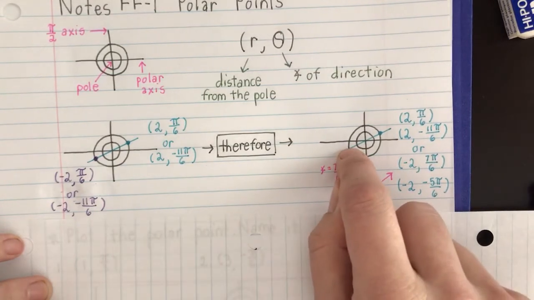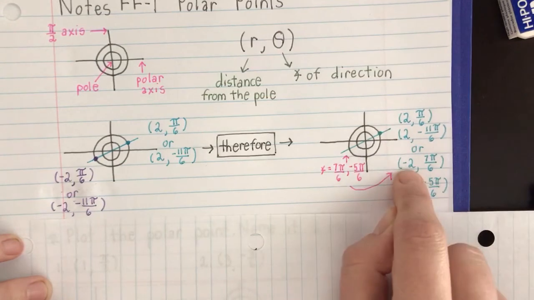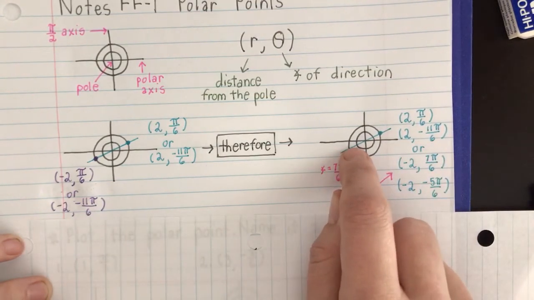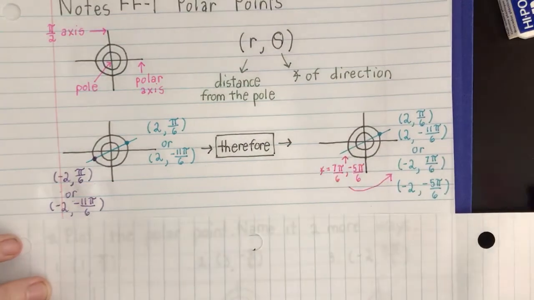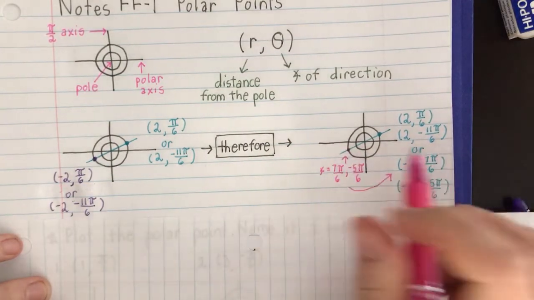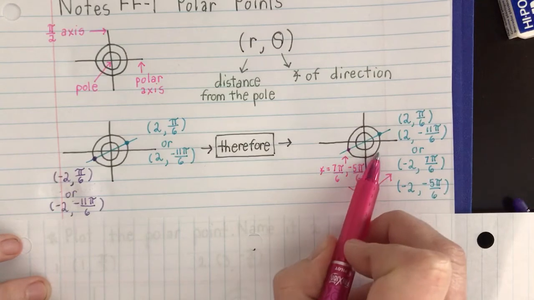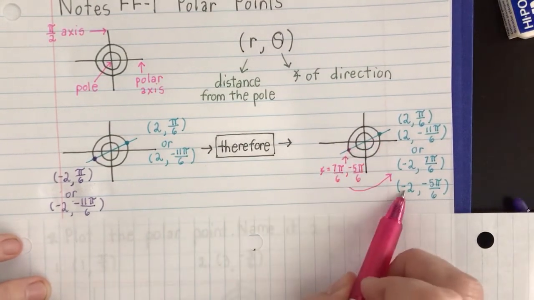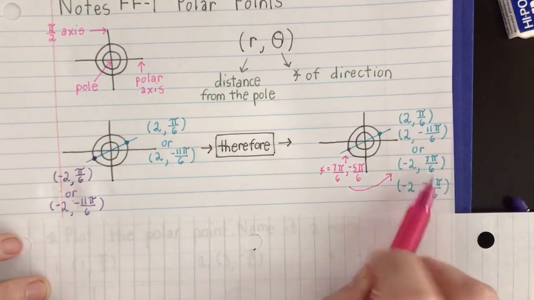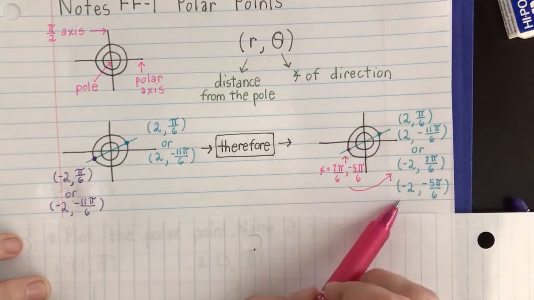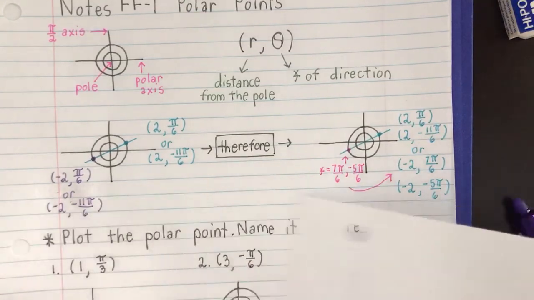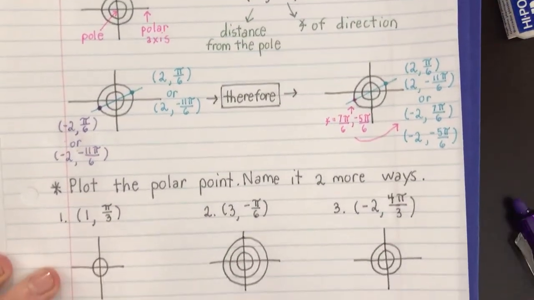So if you back this point up, this would be negative 2, 7 pi over 6. Or this point here in pink, this could be written as 2 comma negative 5 pi over 6. So if you back that one up, it would be negative 2 comma negative 5 pi over 6. So this point here has many, many different ways to be written, and we'll talk about that more as we go into the lesson.